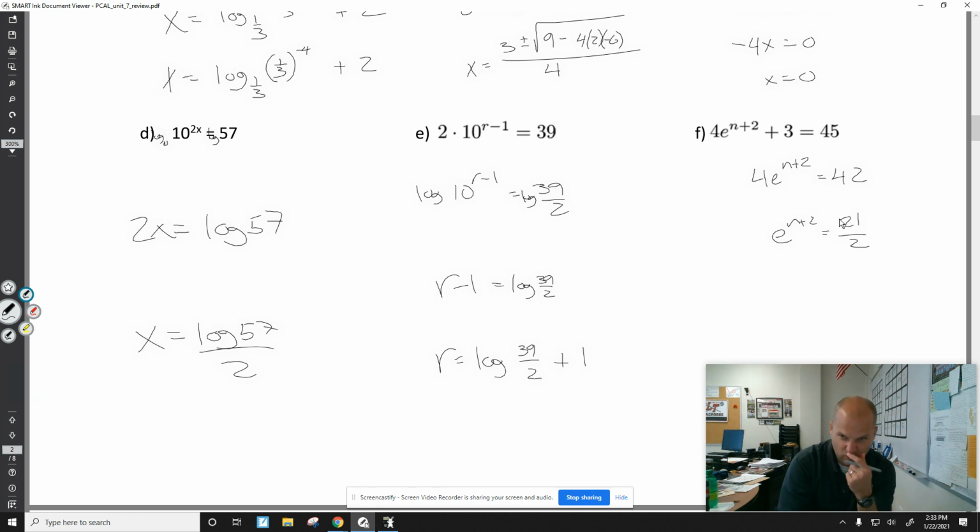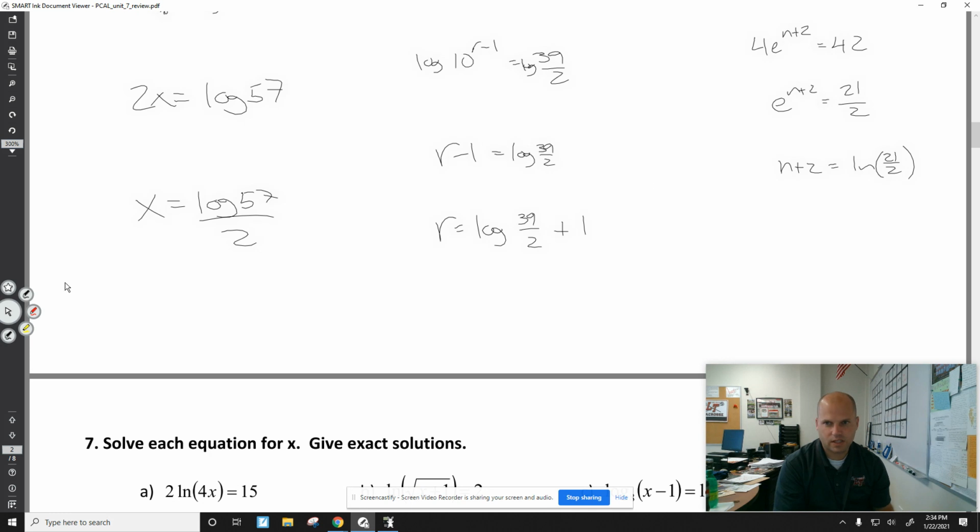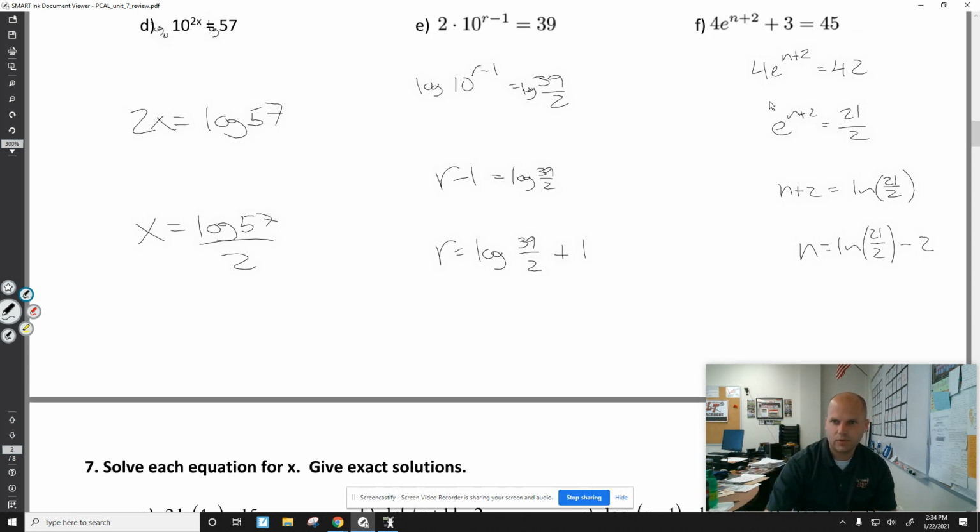Remember, 42 fourths, 21 halves. Natural log both sides. N plus 2 equals the natural log of 21 over 2. Subtract 2. And this is the type of answer that you need to get. You're asked for an exact answer. That means decimals don't work. So use every single step and solve.